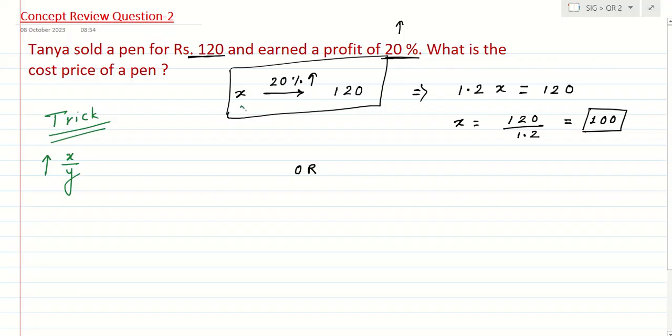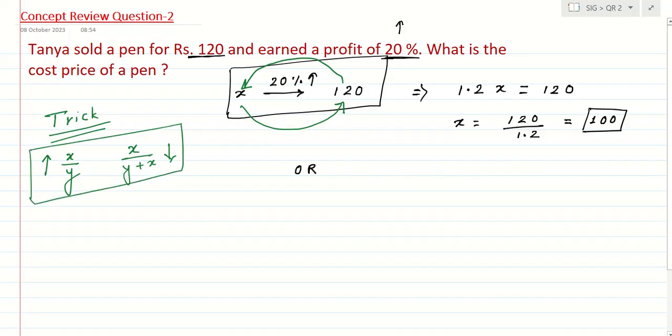To go back, I want to make it x again, which means if the increment is given, I should decrease it by, the trick says, y plus x, always, always.